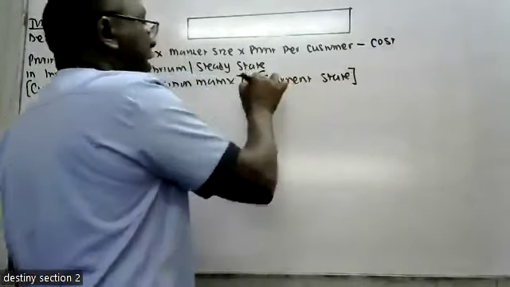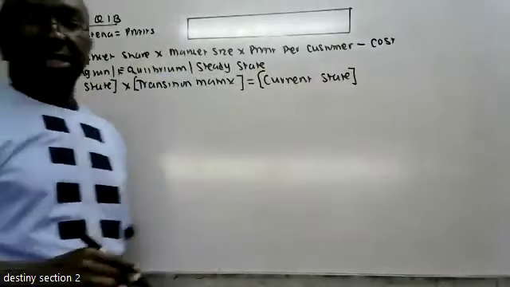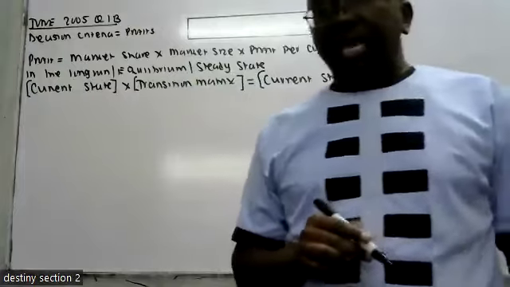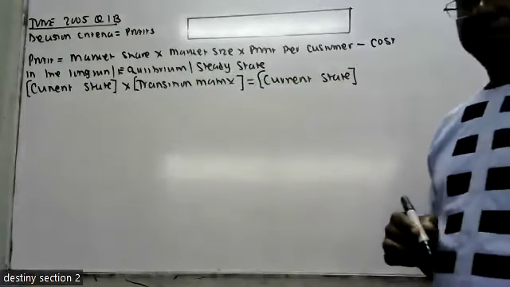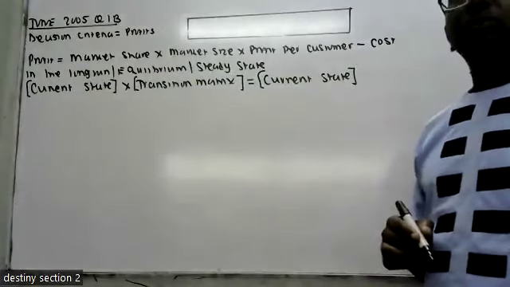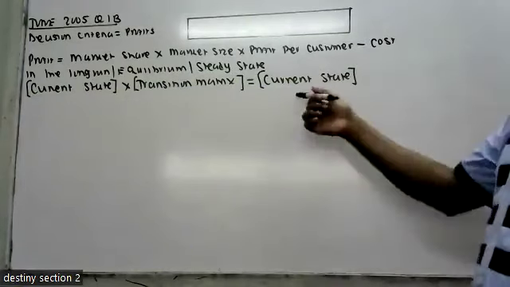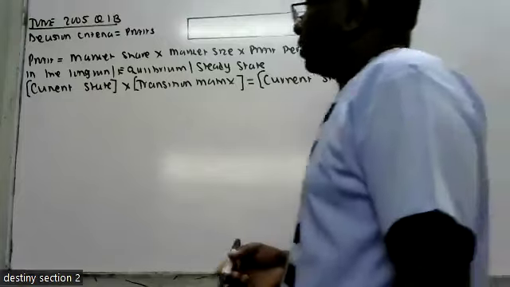In the long run, it is when someone becomes so used to something that any further agent of change has no impact. So when someone becomes so used to something and it is no longer affecting them, that's when we say it is at the long run.